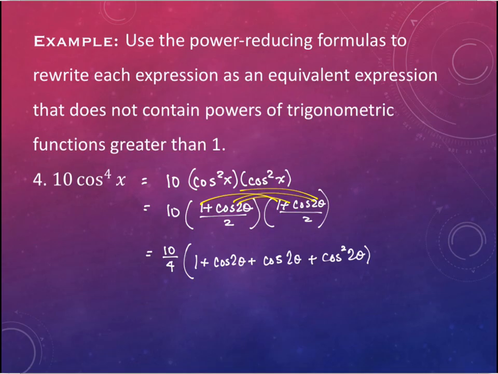So we're not going to be done even after we sort of combine the pieces here together, because I still have a power, and my directions said no powers when I was done. All right. I can combine these, though, so that's nice. I'm going to reduce my 10 over 4 at the front to being a 5 over 2. And I'm going to combine the like pieces. This is 2 cosine 2 theta plus the cosine squared of 2 theta.